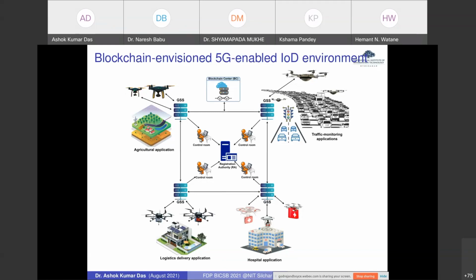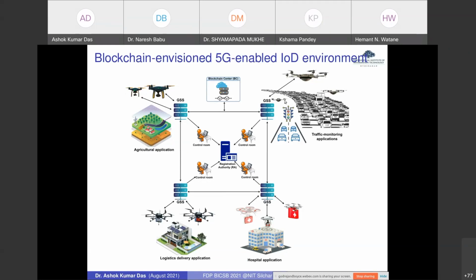Control rooms also register all the drones deployed in a flying zone. For example, in hospital applications, drones can be deployed in certain areas of a hospital so that medicines can be delivered. For traffic monitoring systems, drones can be used to monitor the traffic in a particular area of the city, and so on.